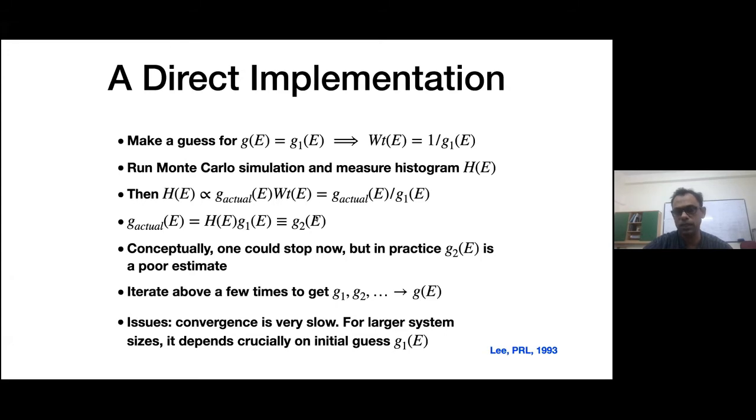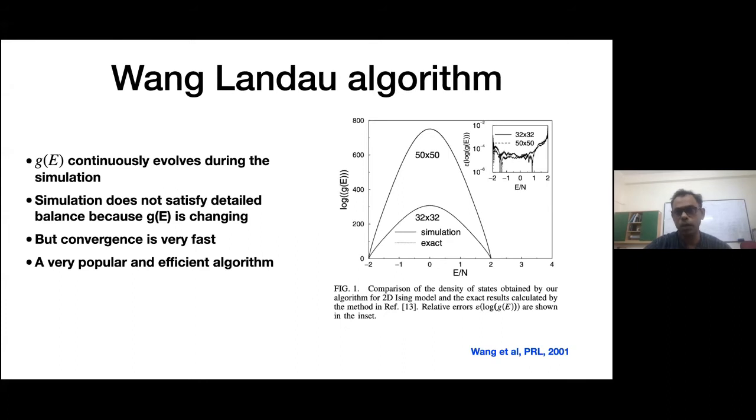But in practice, this first estimate is a poor estimate, and you can iterate many times to get the correct density of states. However, this sort of approach has many difficulties. Convergence is very slow, and it depends crucially on the initial guess G1 of E. So a more popular version of this is the Wang Landau algorithm, in which during the simulation, the density of states continuously evolves.